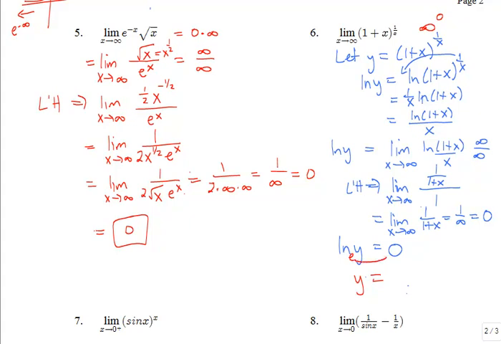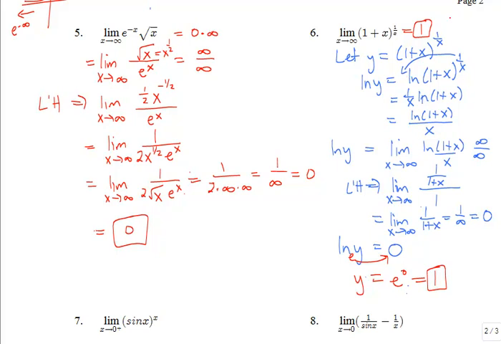So e raised to the 0 is what y will equal. I just rewrote this ln equation in its exponential form. And we know that e to the 0 is just 1. So this limit up here is actually now 1.